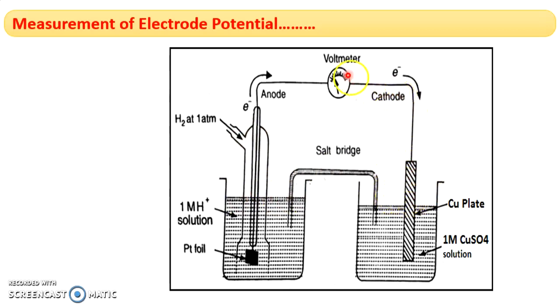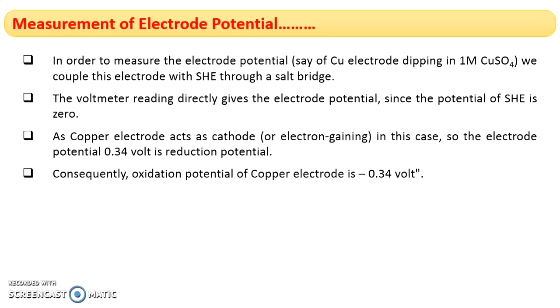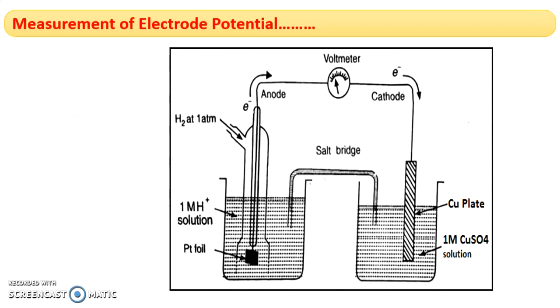Now the voltmeter gives the value 0.34. As we are maintaining standard conditions, it gives 0.34, and that is the reduction potential. Why? Because at the sample electrode, reduction is occurring.